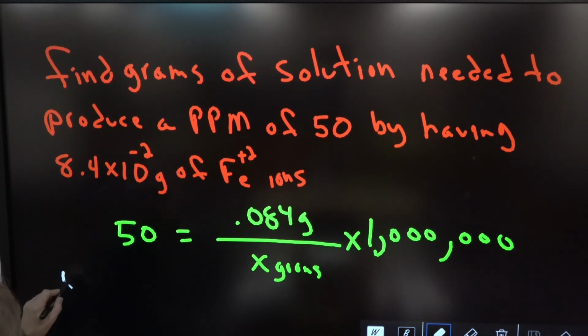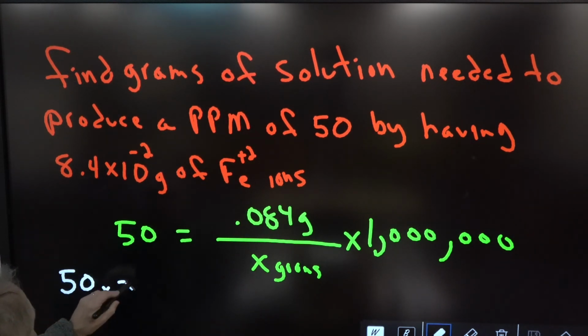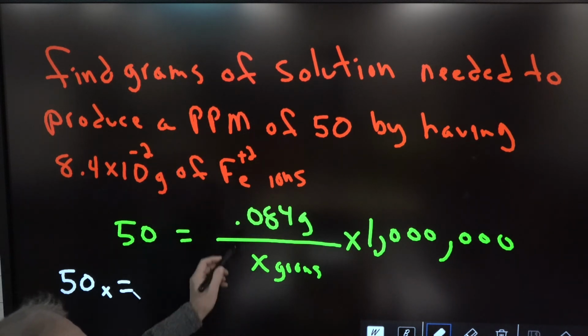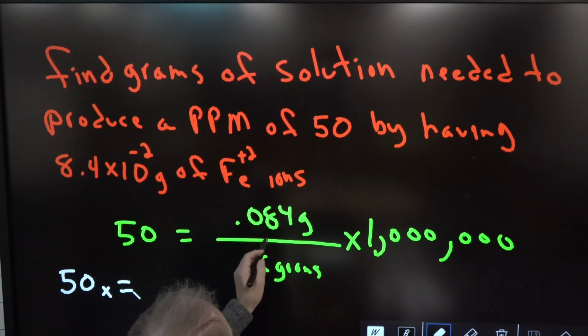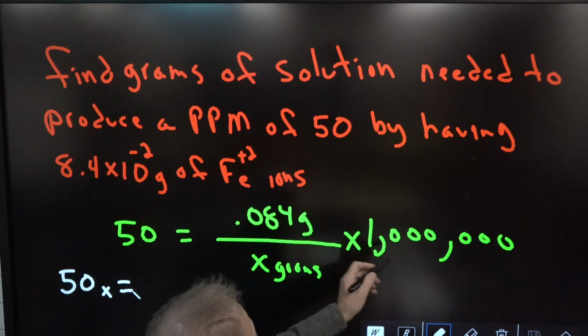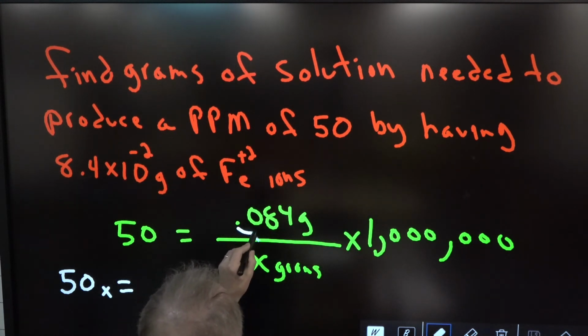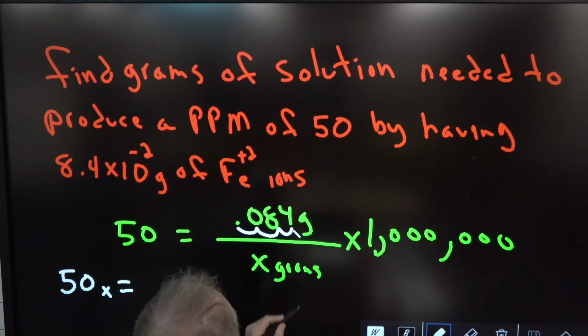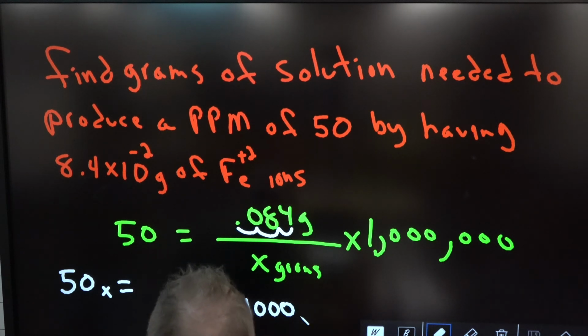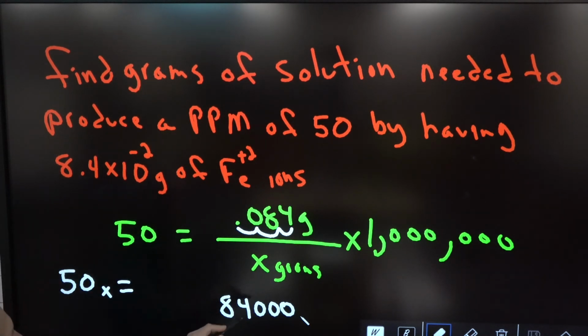So this is going to be 50x equals, and then we're going to use 0.084 times a million. So we have to move the decimal place 6 times that way. 8, 4, 1, 2, 3, and then 3 zeros. So this 50x equals 84,000. All right, so now x equals 84,000 divided by 50.